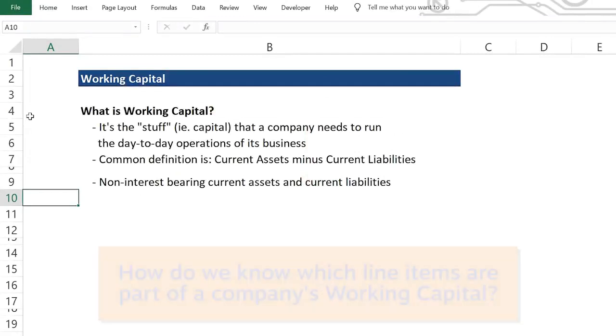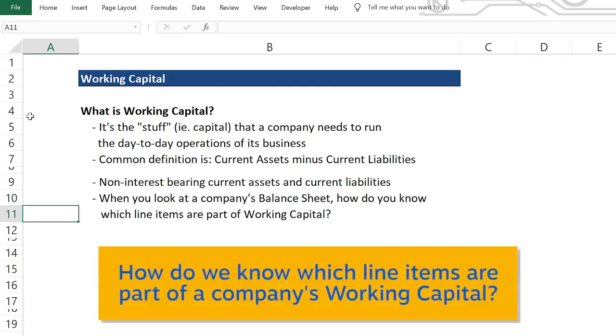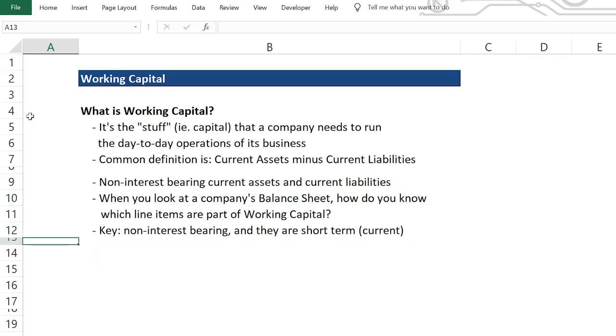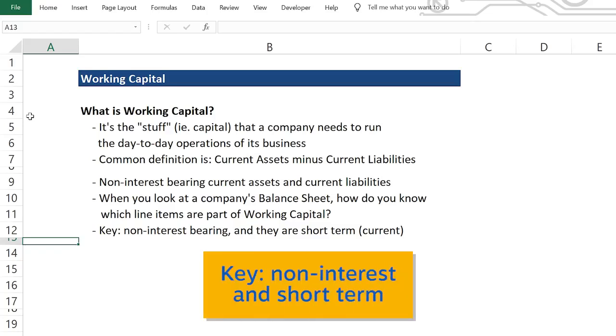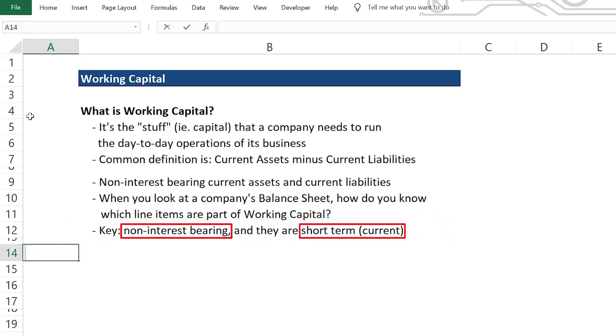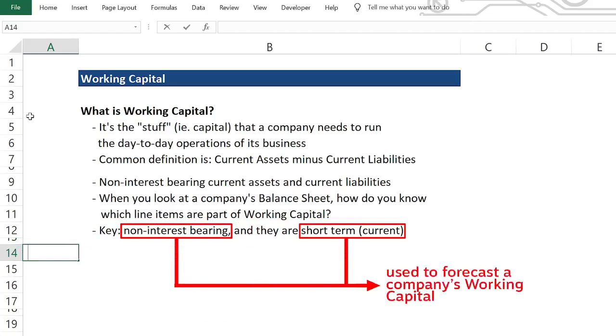But as a starting point, how do we know when we look at a company's balance sheet which line items are actually part of working capital? Well, the key is that these are the line items that are non-interest bearing and they're short term. So if they meet those two criteria, they will be part of our working capital schedule that we use to forecast the company's working capital.